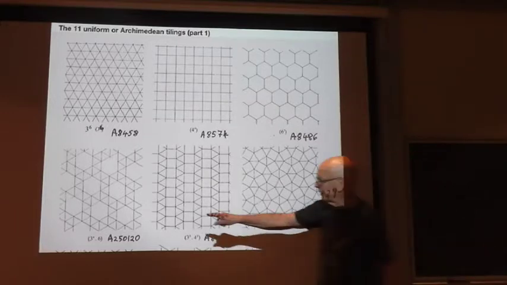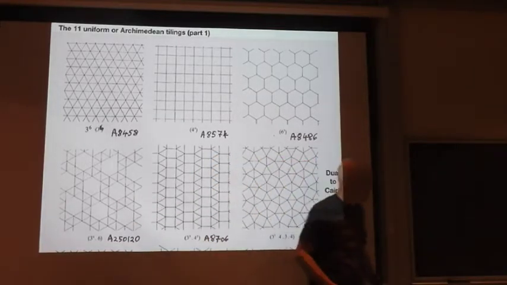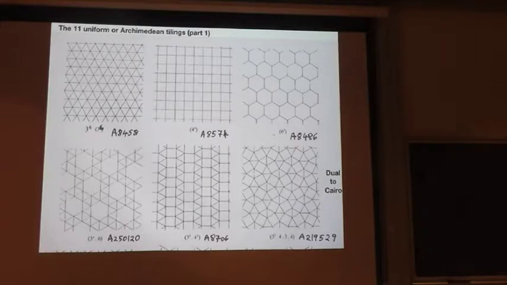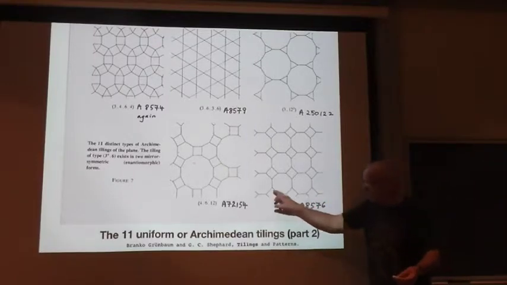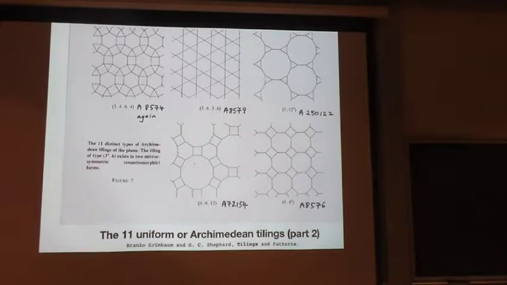This one here is the one on the postcard. And here are the remaining ones of the 11. And so there's only one coordination sequence for each one because there's only one kind of point. By definition, all points are equivalent.